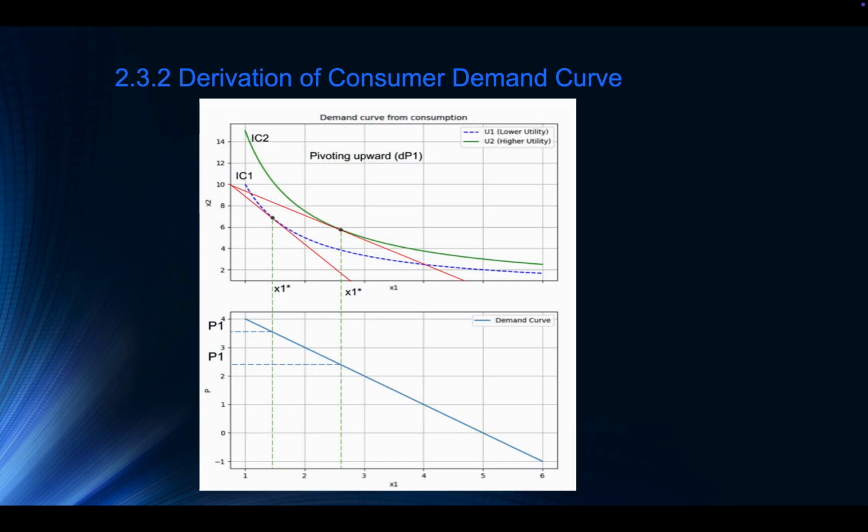Here we can see that if p1 decreases while p2 remains constant, the budget line pivots outward. The top graph shows the shift through different indifference curves. The bottom graph depicts the derived demand curve, which slopes downward, reflecting the law of demand.